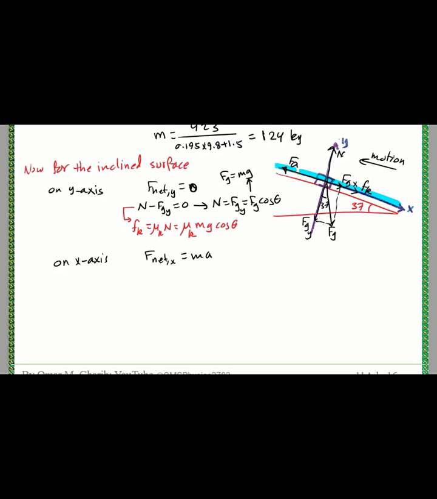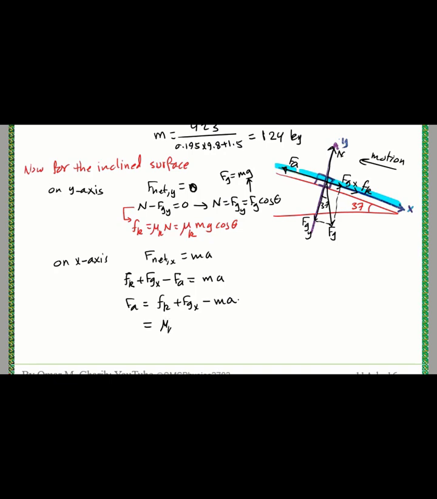Put here Fk positive, Fgx positive, but Fa negative, equals m times a. I need Fa. Fa will equal Fk plus Fgx minus m times a.